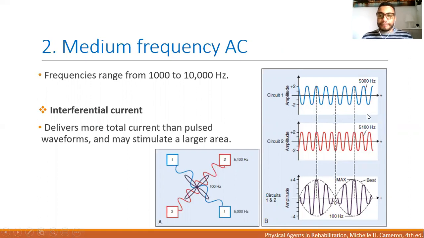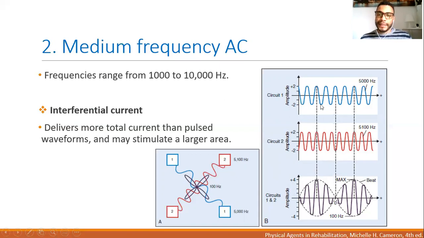What happens here? The generation of medium frequency alternating current is because the two circuits interpose, in a way that sometimes, let's take this point here, you see the peak of circuit 1 and the peak of circuit 2.